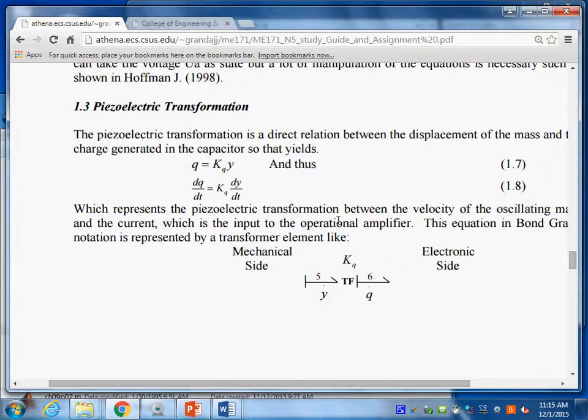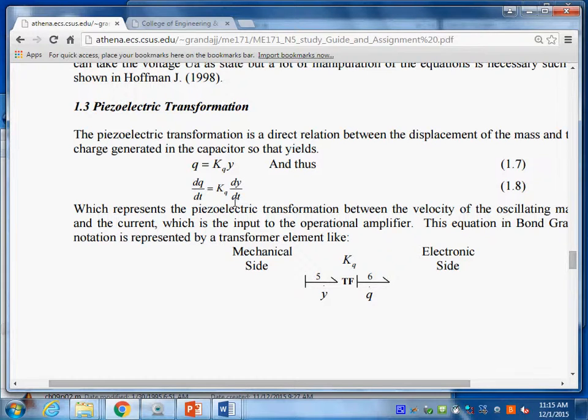In the case of a piezoelectric transformation, that one is actually a transformer because the charge is proportional to the displacement in here, and dq/dt, which is the current in this case, is proportional to dx/dt, which is the velocity.